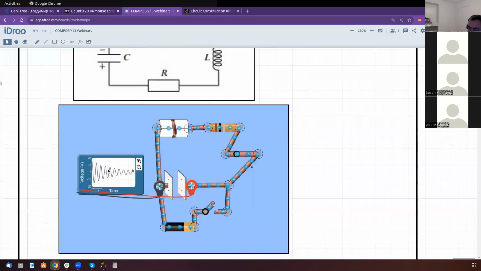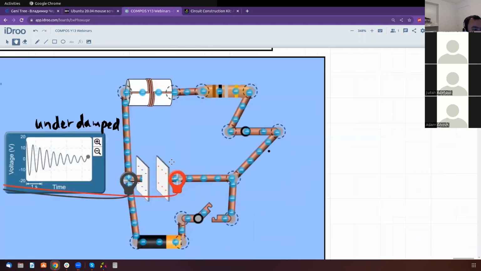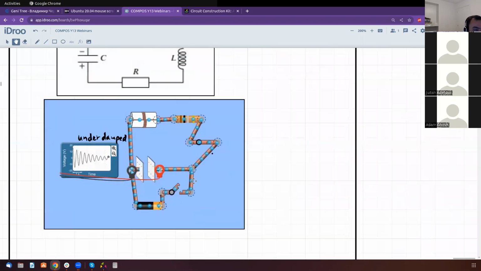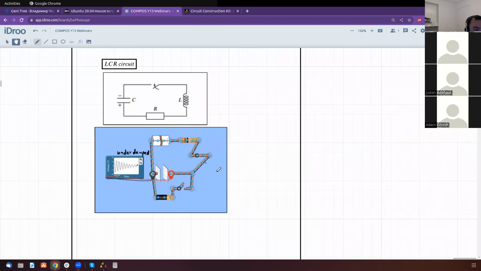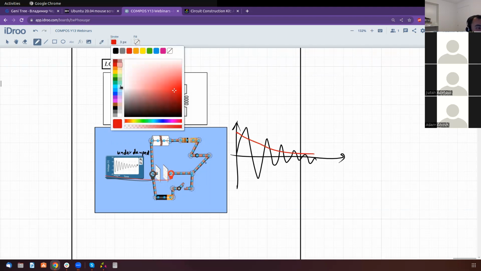So this is underdamped oscillations. Then you have critical damping, and you have overdamped.